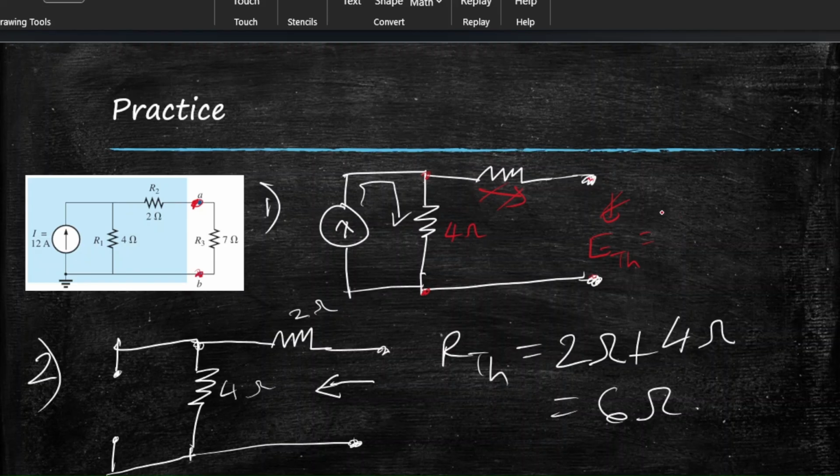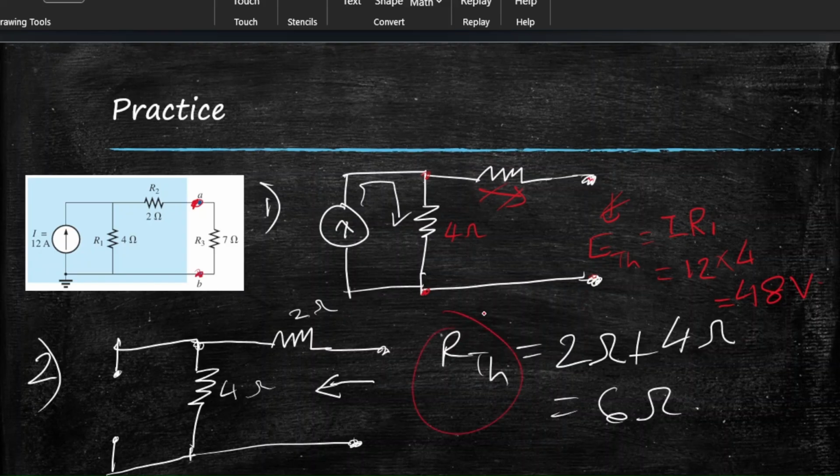So I times R1. The source is 12 amperes times R1, which is 4 ohms, so we have 48 volts. That is the Thevenin's voltage.